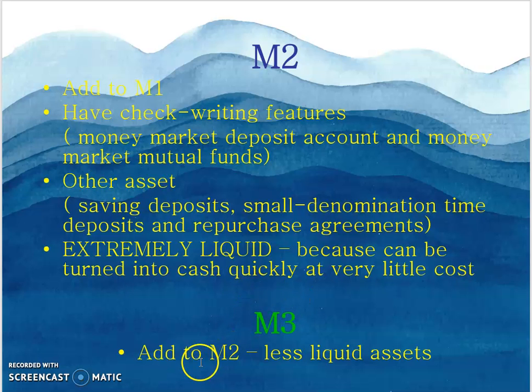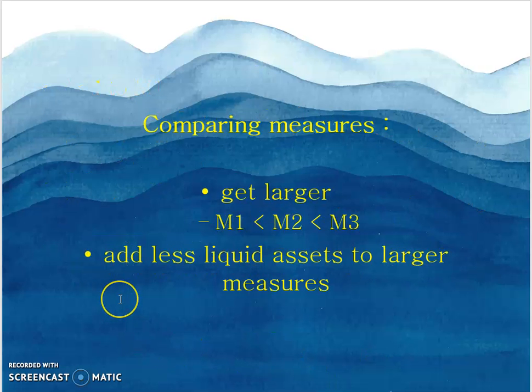And M3 adds to M2 less liquid assets. Comparing measures, they get larger, meaning that M1 is less than M2 and M2 is less than M3. Less liquid assets are added to the larger measure.